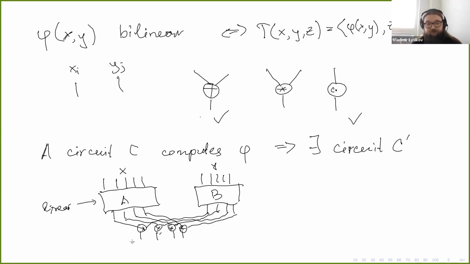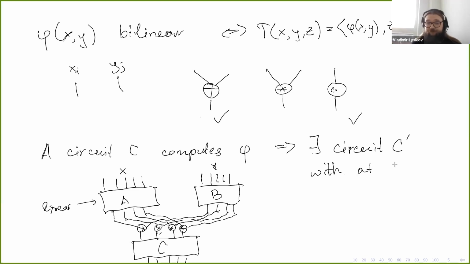And after we did these nonlinear multiplications, we apply again some linear post-processing. And this transformation doesn't blow up the circuit much.